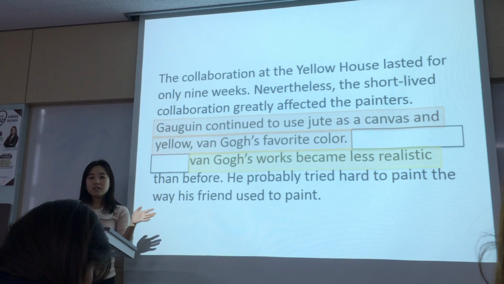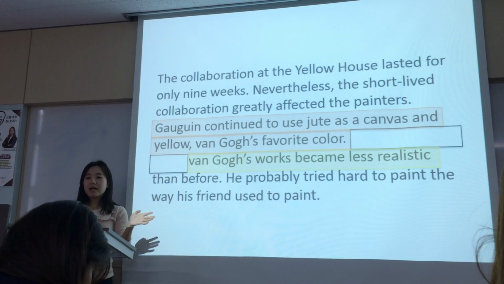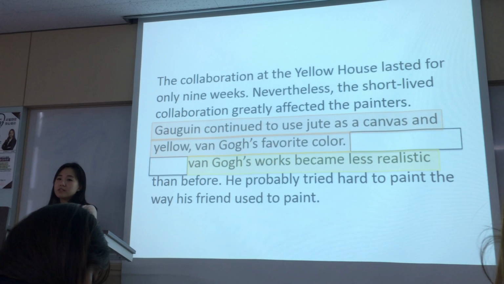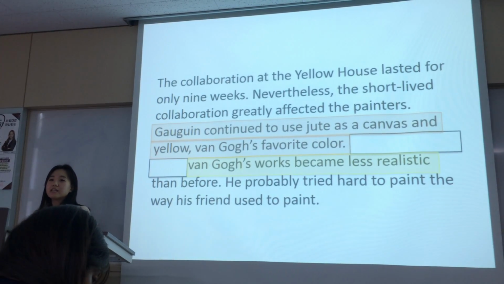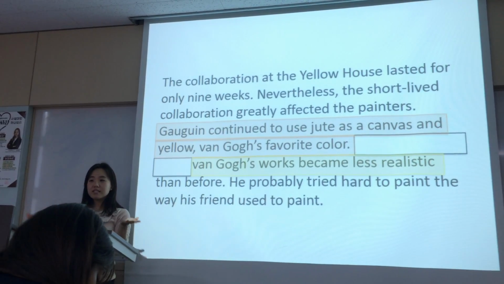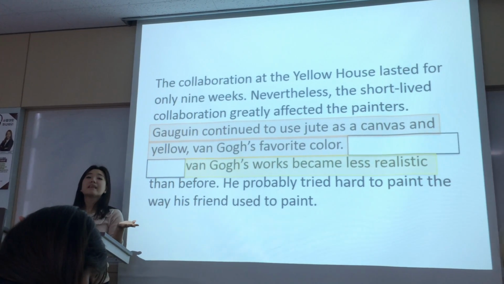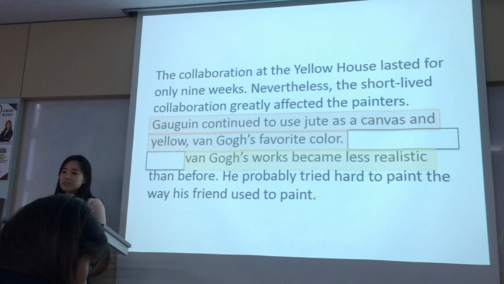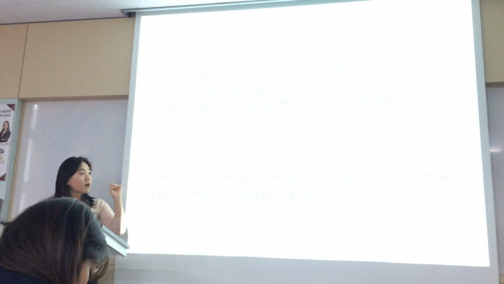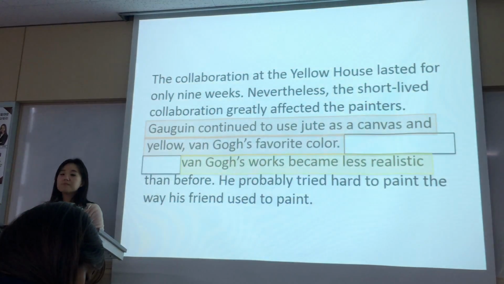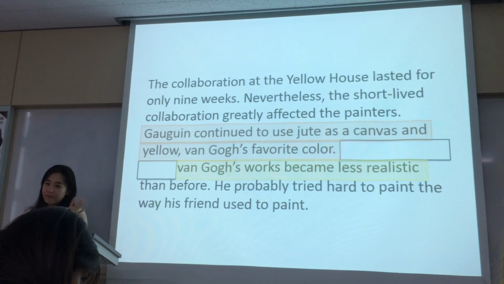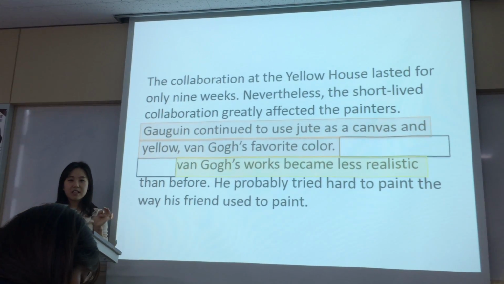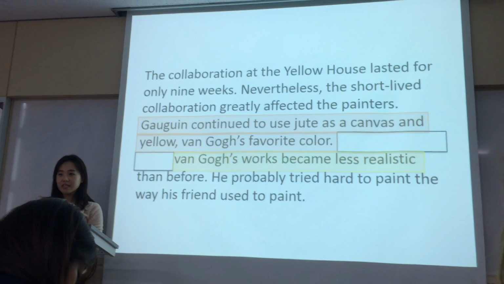So one is talking about the painting style didn't change, and the other one talks about the painting style has changed. What is this kind of relationship? Yes, opposite. So to connect the two different ideas, which kind of word should come in the blank box? Right. However, or in contrast, there is one more word.